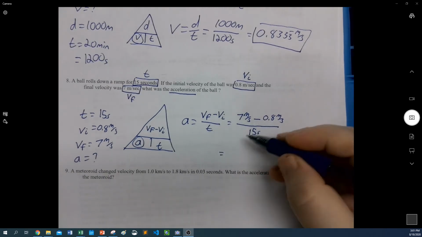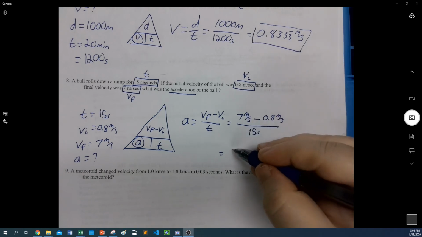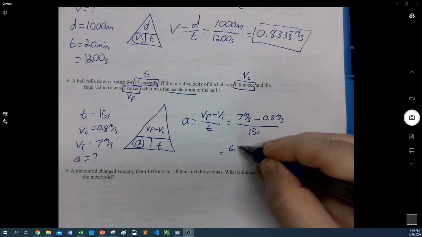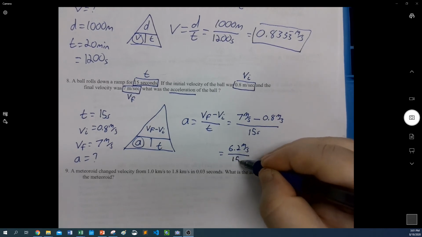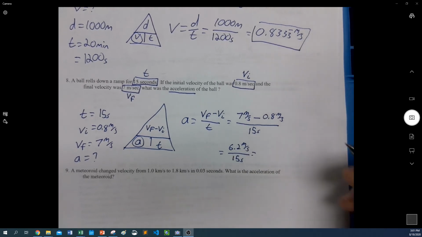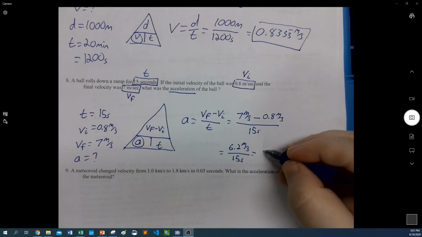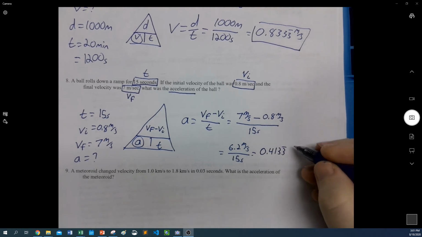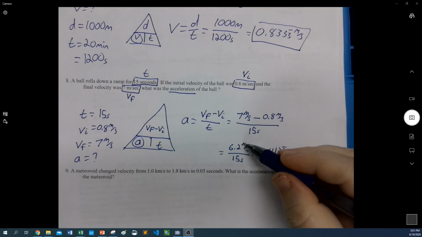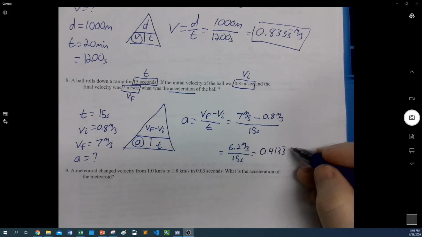So this is equal to 7 minus 0.8 is 6.2 meters per second divided by 15 seconds. And that is equal to 0.4133 repeating. And our units would be meters per second per second.